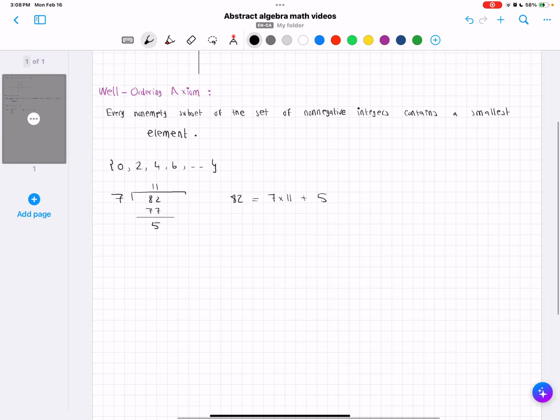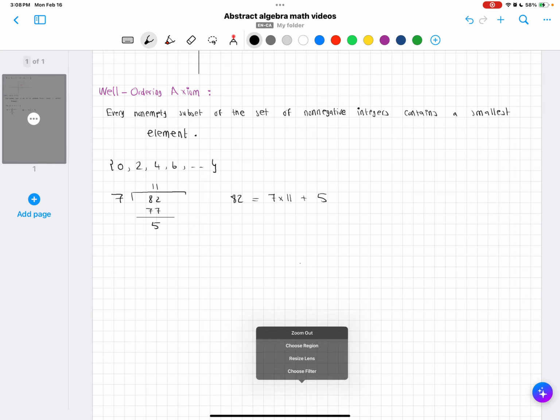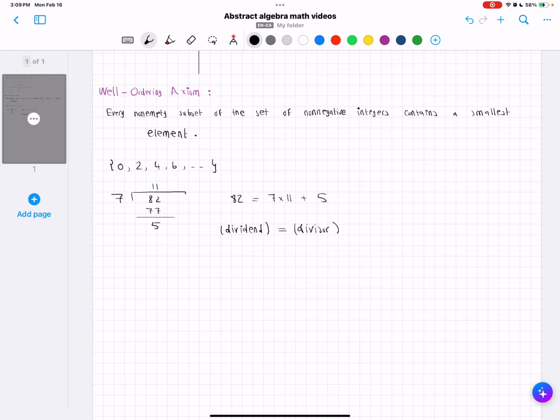Let's see a couple of terms. Here 82 is called the dividend, and that is equal to the divisor, which is 7, since we're dividing 82 by 7, multiplied by a quotient, which is the 11 in this case, plus a remainder.